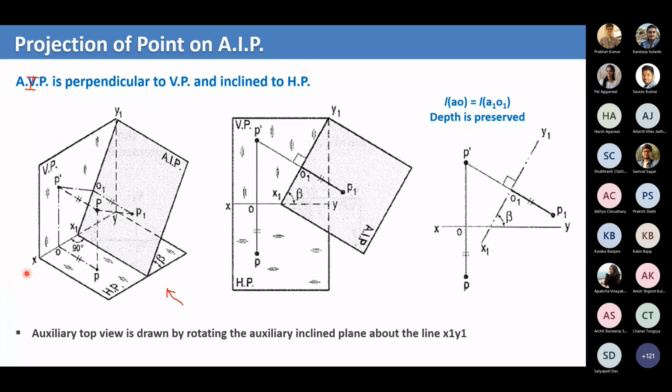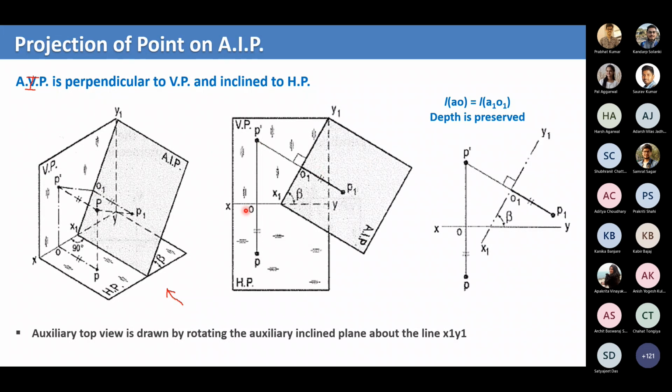If you see from point X, the plane HP is rotated 90 degrees in the clockwise direction. Similarly, about the line x1, y1, we rotate this AIP, auxiliary inclined plane, 90 degrees. Then this plane will also coincide with VP, with the plane of our page.